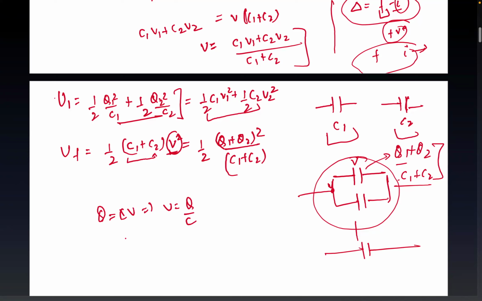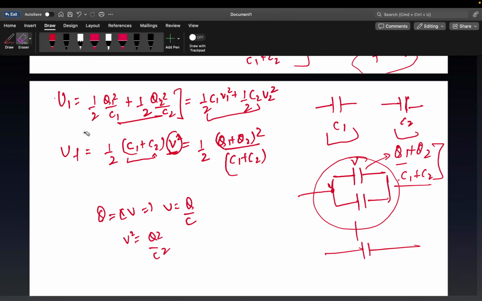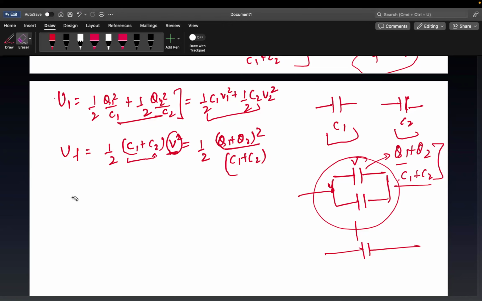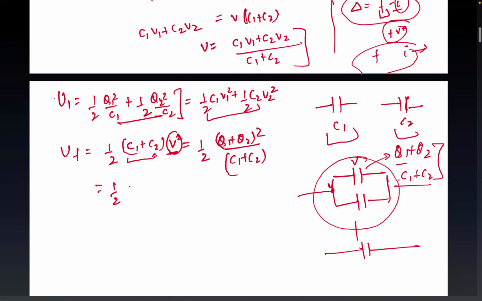If you just put V square equals Q square divided by C square, you are going to get this thing, okay? So from here we can get directly half Q1 plus Q2 whole square by C1 plus C2. I have already written that.